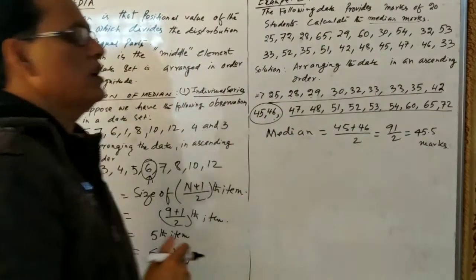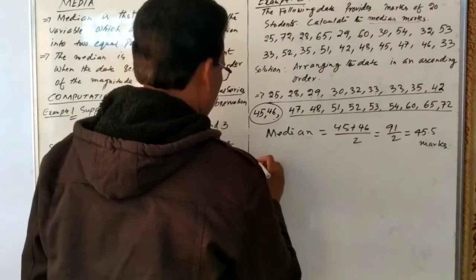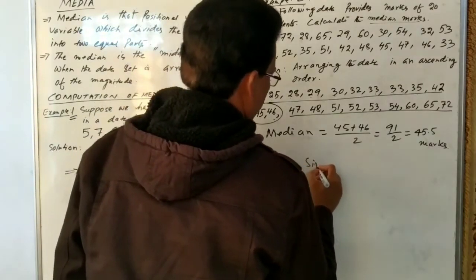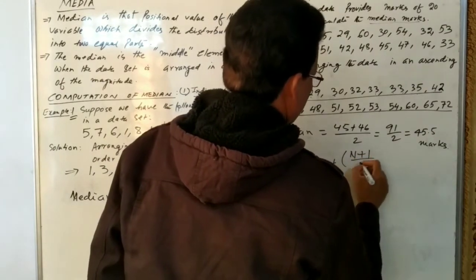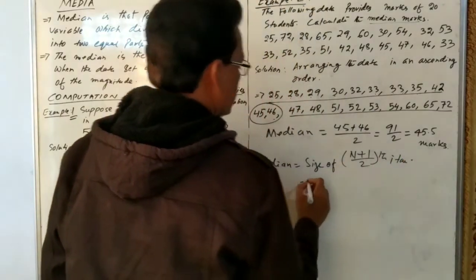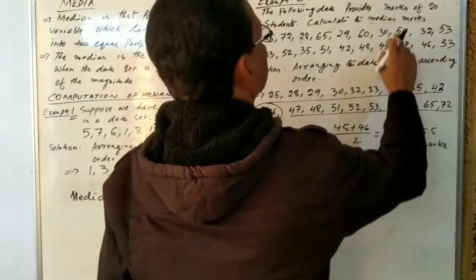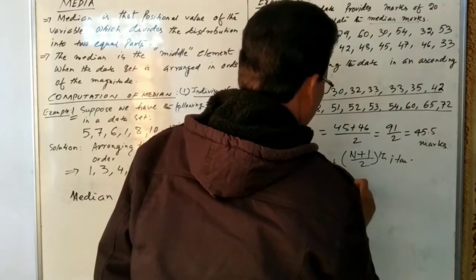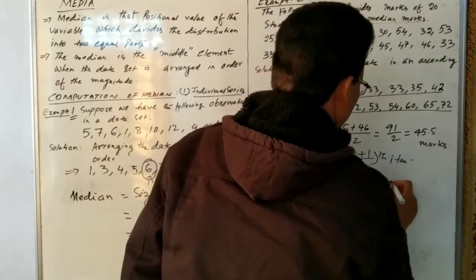This same can be calculated using this formula. This median, you know, is equal to size of n plus 1 divided by 2th item. Here n is equal to 20, as there are 20 students. 20 plus 1 divided by 2th item.